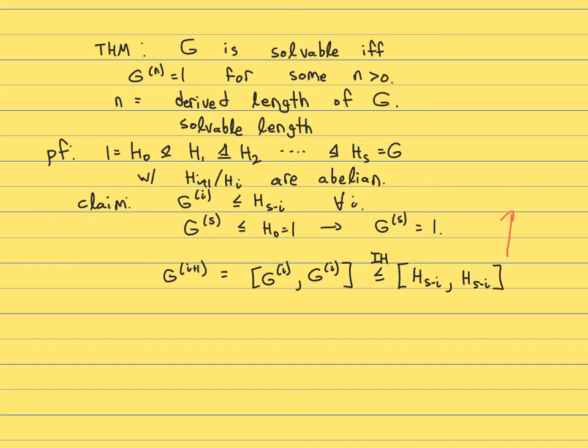Here there is a fact we're skipping, which is that if H is a subgroup of K, then the corresponding commutator subgroups obey the same relationship. That's not too hard to see because any commutator involving two elements from H, well, those two elements are also in K, so it is a commutator here. And so the smallest subgroup generated by those commutators has to be a subgroup of this one.